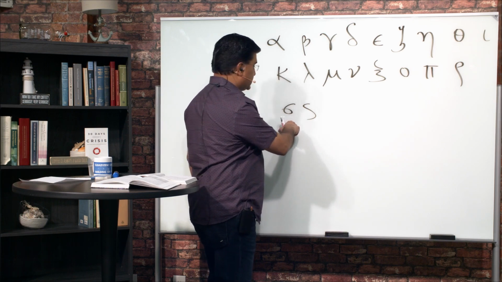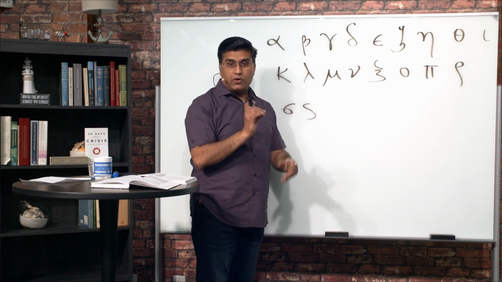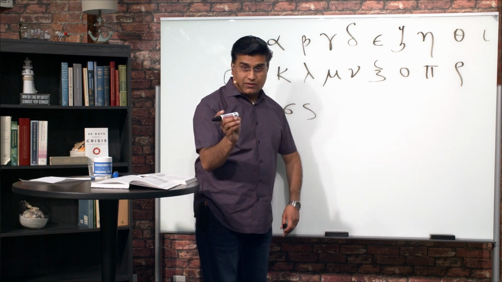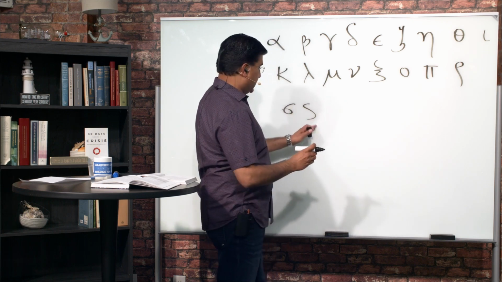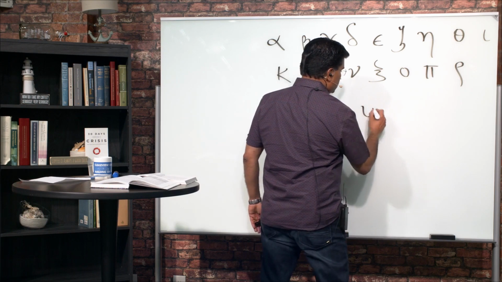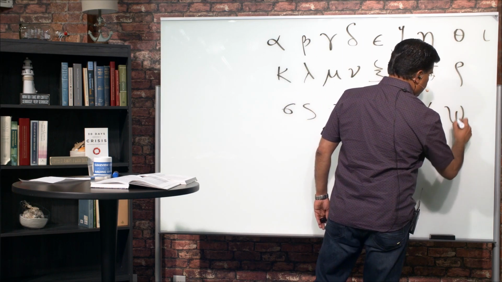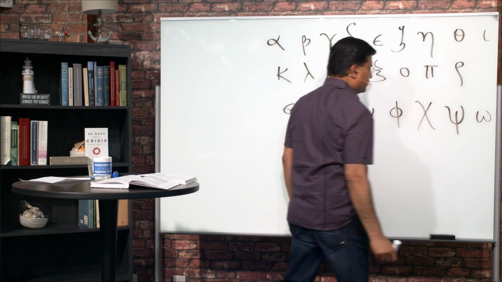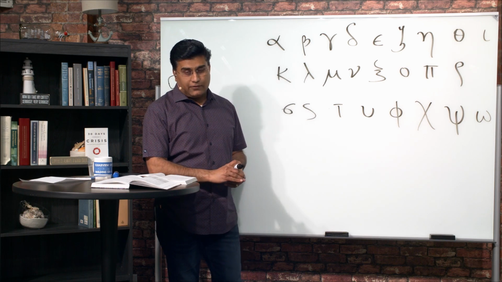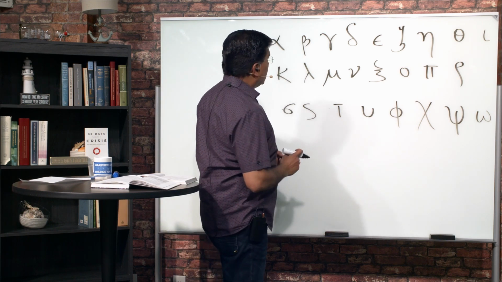First is the sigma that comes inside or before in a word. And this is the final sigma when sigma comes at the end. It looks like that. T, u, phi, ki, psi, o. So there you have the 24 letters in the Greek alphabet.